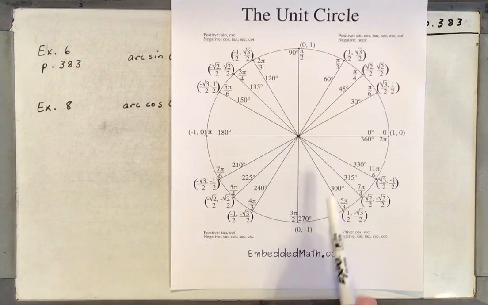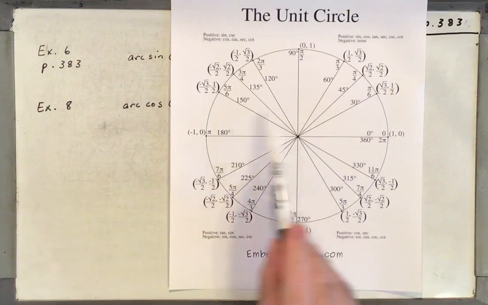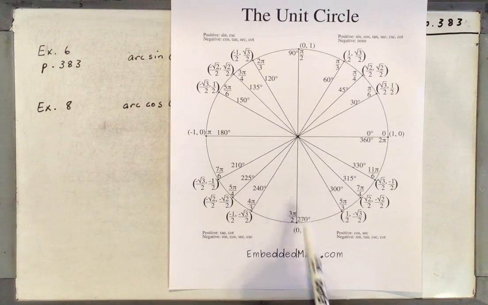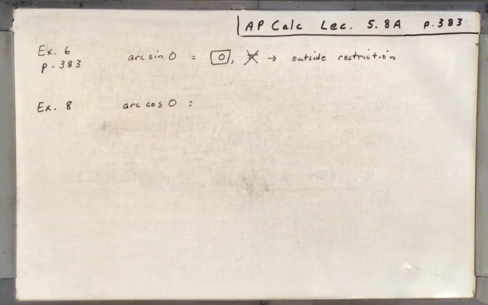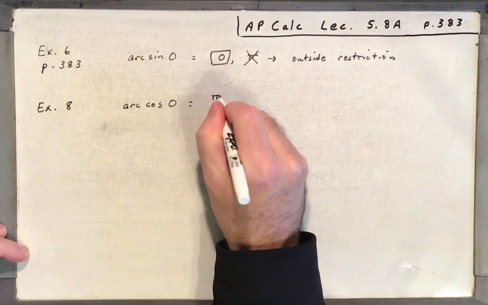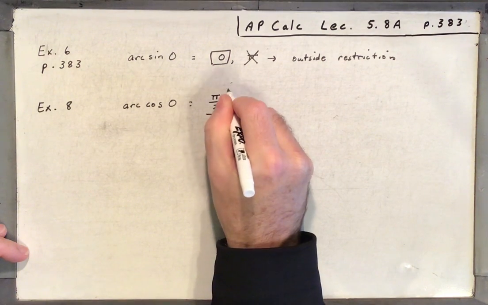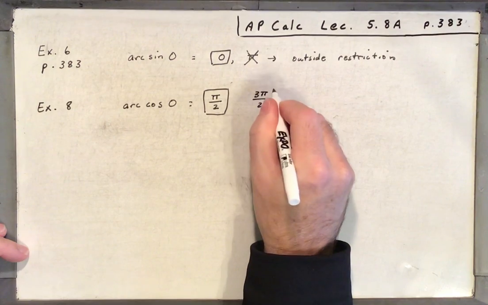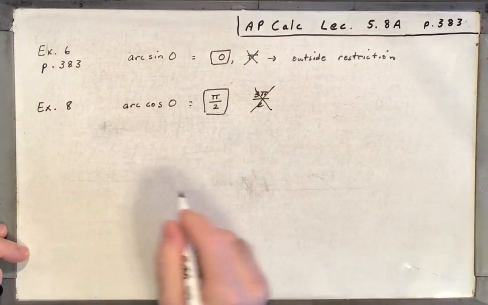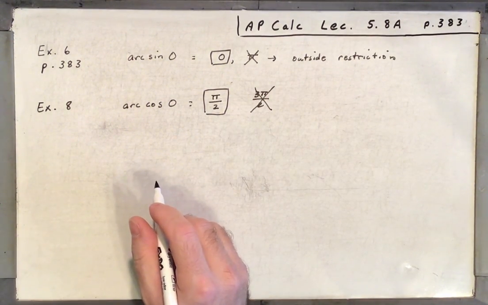However, for cosine the angle restriction is between 0 and pi, so we can't report 3 pi over 2. We can only report pi over 2. So I'm going to circle pi over 2, and put an X through 3 pi over 2 because it's outside the restriction.